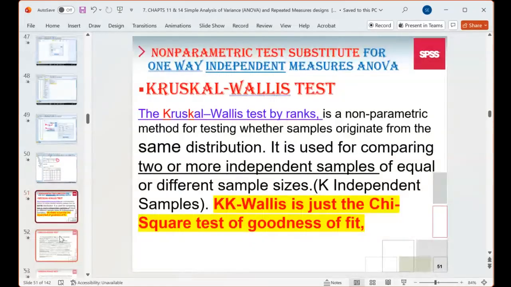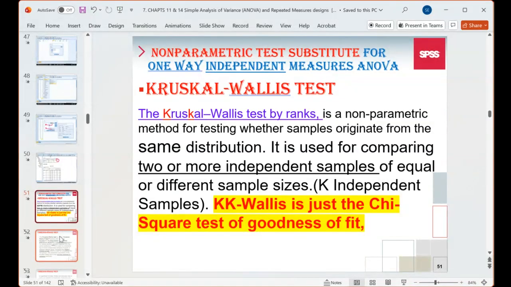So the reality is if we have this with 5 people in each group, you cannot perform ANOVA. You need to know what the non-parametric test substitute is for one-way independent measures ANOVA.